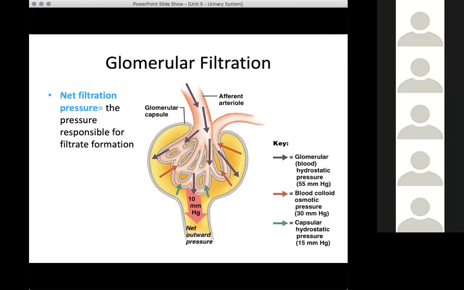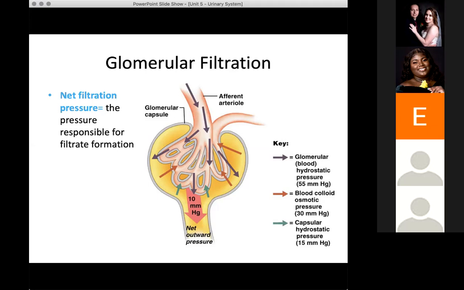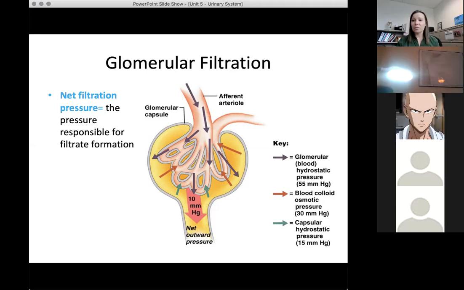The outward pressure is hydrostatic pressure within the glomerulus, which is just a fancy way of saying blood pressure within the glomerulus. So that's the major force pushing blood out of the glomerulus and causing the formation of filtrate.